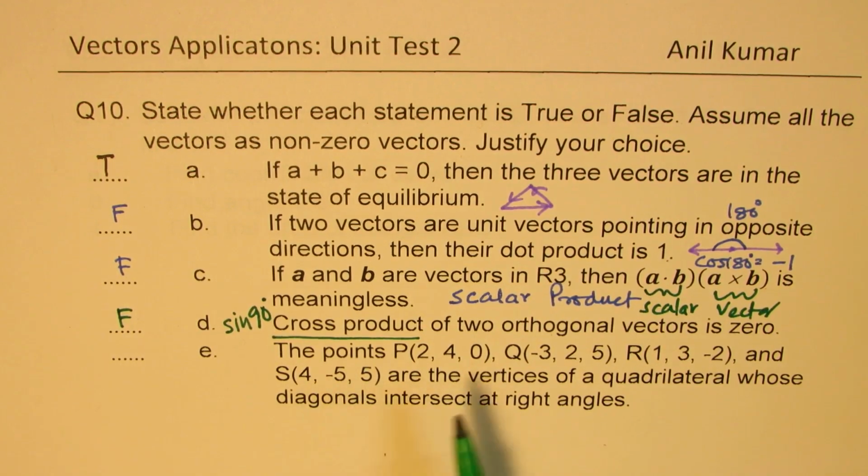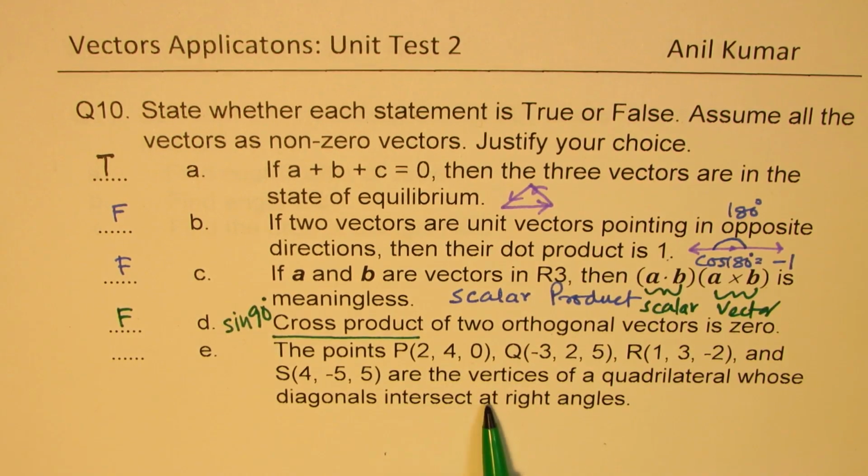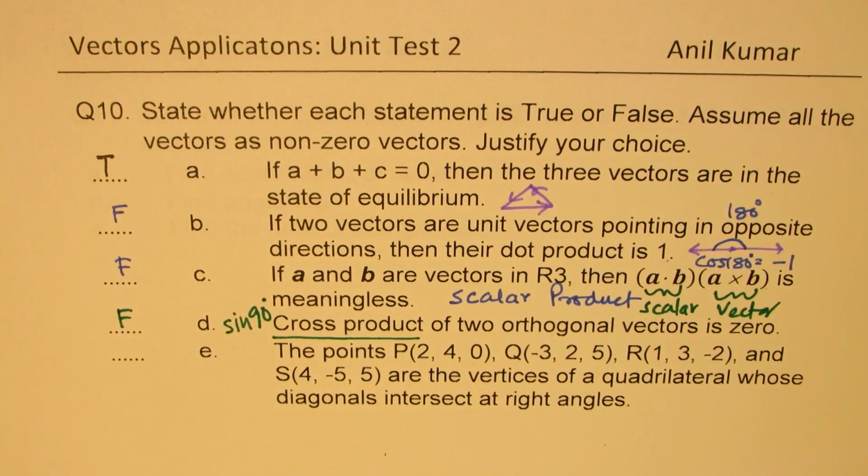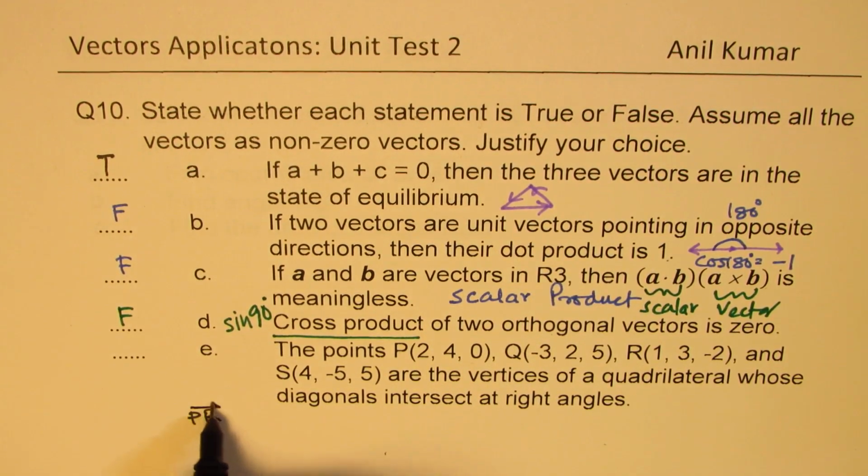E. The points P, Q, R and S are the vertices of a quadrilateral whose diagonals intersect at right angles. Okay. So in this particular case, we have this P, Q and R. So the diagonals will be PR and QS, right? So let's find what is PR first.